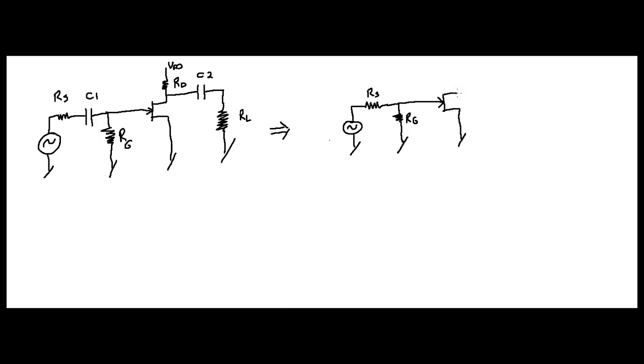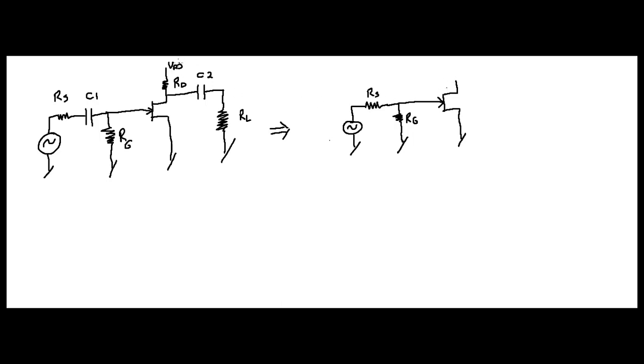Now, remember that your VDD you can think of as an AC ground. So that's actually a ground, right? And it's exactly the same as how we did with the bipolar junction transistor.